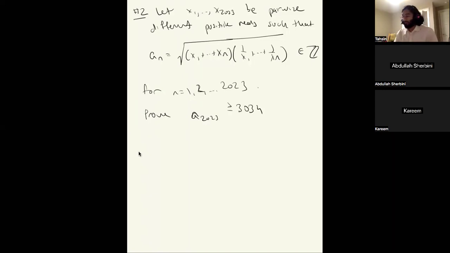So how do we go about solving this one? What are some first observations or ideas?